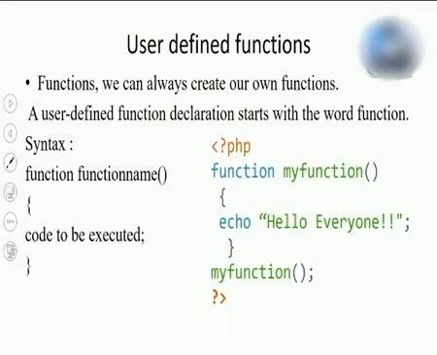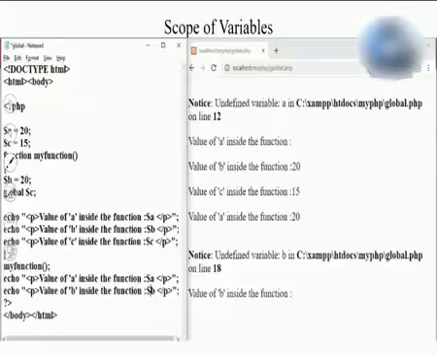So this echo is going to print whatever you write inside the double quotes of the echo. So if I execute this program, it is going to show me hello everyone. Students, do remember this one for the fill in the blanks: a user defined function declaration starts with the word dash. So it starts with the word function.